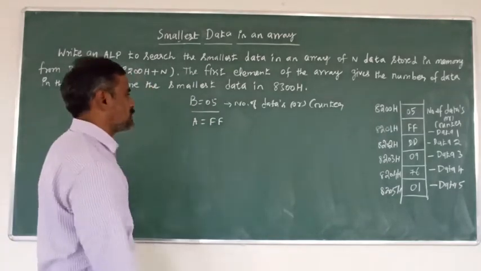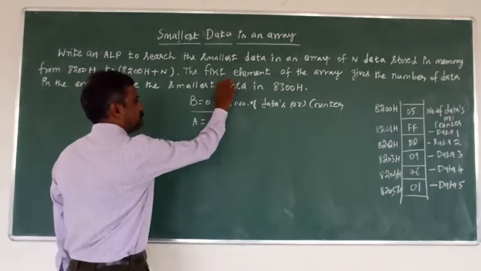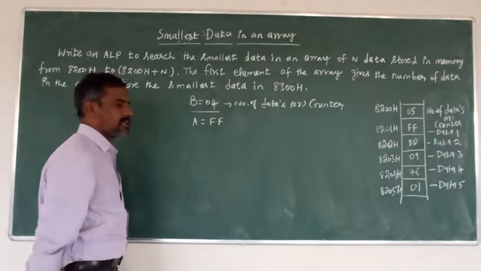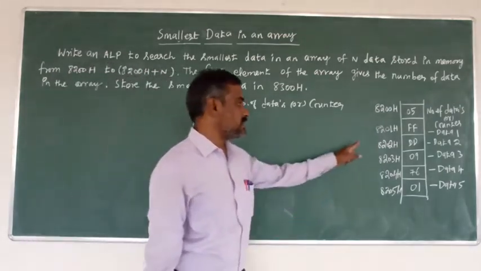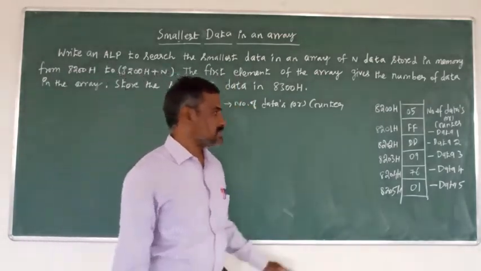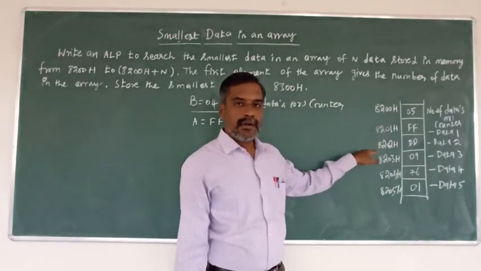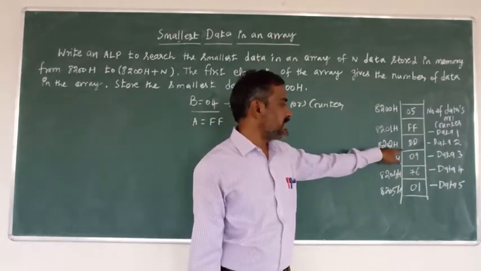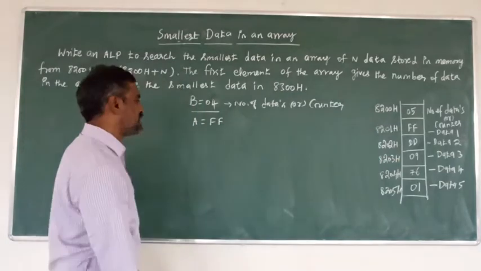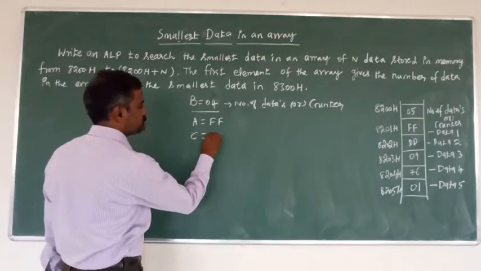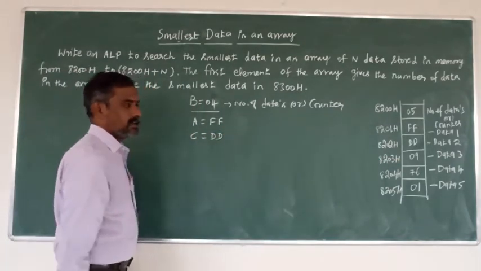After that, decrement the number of data once. Next, increment the address, and the second data to move to some other register, suppose C register, DD.